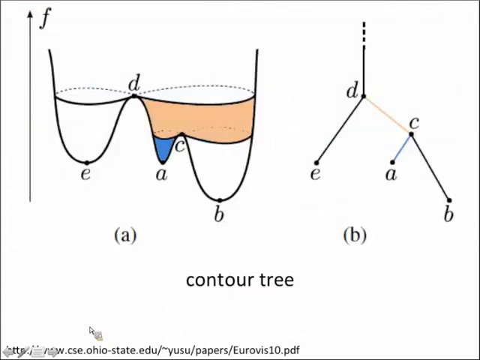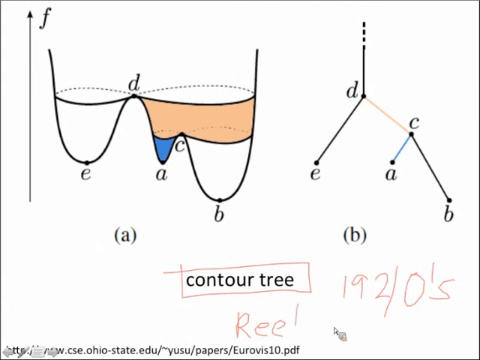So another way to visualize these energy conformations is via contour trees. Contour trees have been around for a number of years, from at least the 1940s. It's similar to the Reeb graphs that we discussed previously, where we basically just take the pre-image.